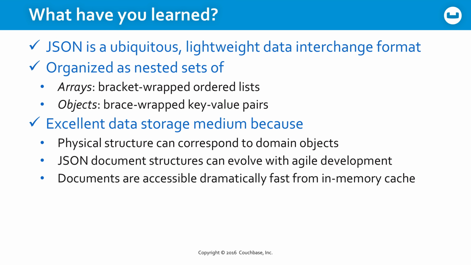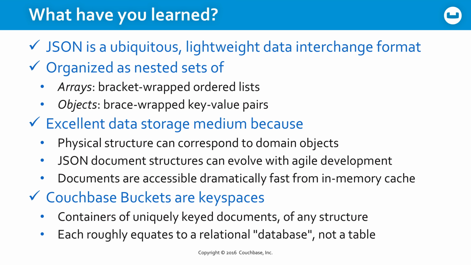Also, because the documents are not locked into a rigid schema, you can evolve their structure over time as your own software evolves. Last, because Couchbase evolved directly from in-memory caching systems, these documents are accessible extremely fast.